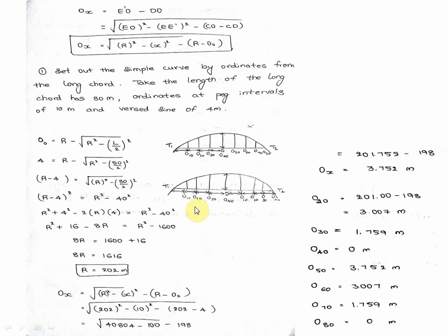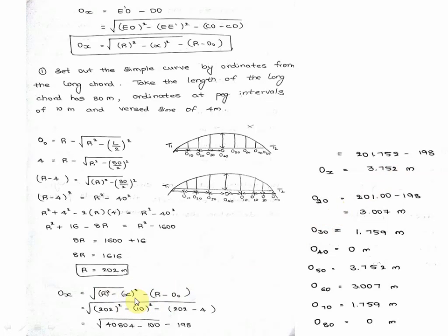First we will consider the offset at 10 meter interval. So root of 202 square minus 10 square, minus 202 minus O naught, which is the versine given as 4 meter. Calculate the values, you will get O10 equal to 3.752 meter. Again calculate O20 the same way. Only the x value will change, the rest remains the same.